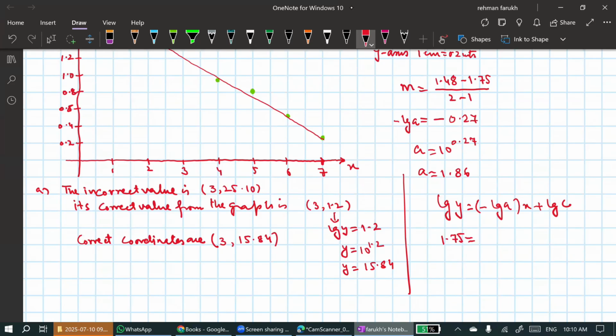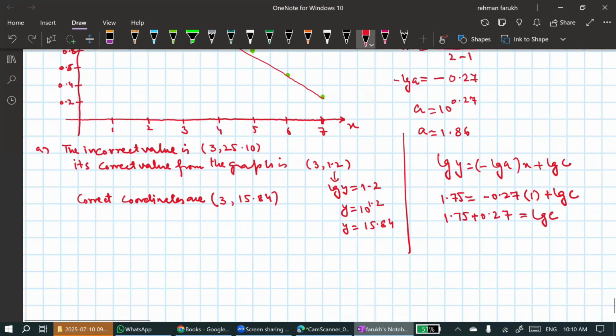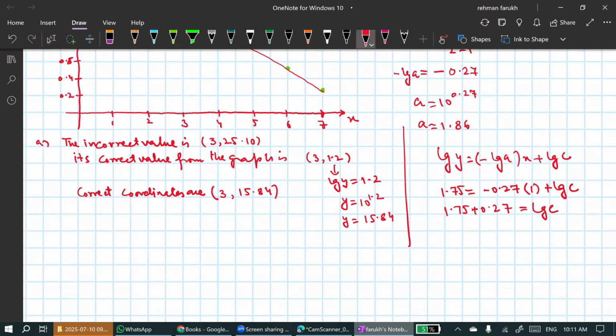The value of minus LGA is minus 0.27. The value of X is 1. 1.75 plus 0.27 is equal to LGC. 2.02 is equal to LGC, so C is equal to 10 power 2.02.